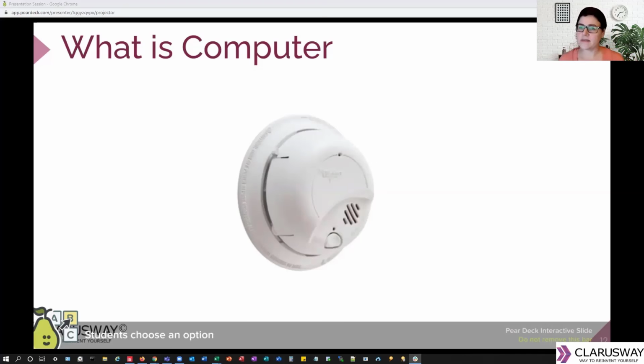I would agree, yes, because the input is smoke. It automatically calculates that air quality, I guess, and automatically provides an output, which is the alarm, the sound. So the smoke detector is performing the same concepts as a computer, although it's not one in a traditional sense.